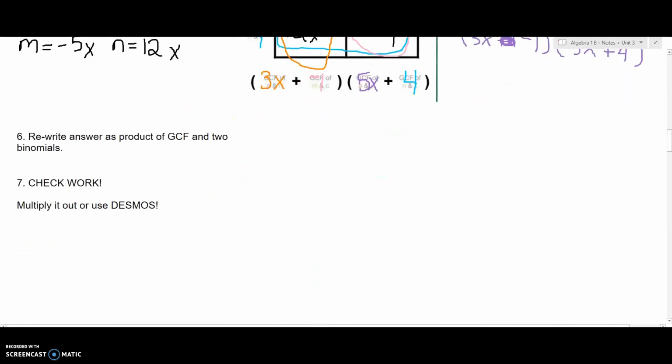So we bring that down here, 2, and then we write our binomials, 3x minus 1 and 5x plus 4. Now we are in factored form, and we can finish this by checking our answer by refoiling it all out.